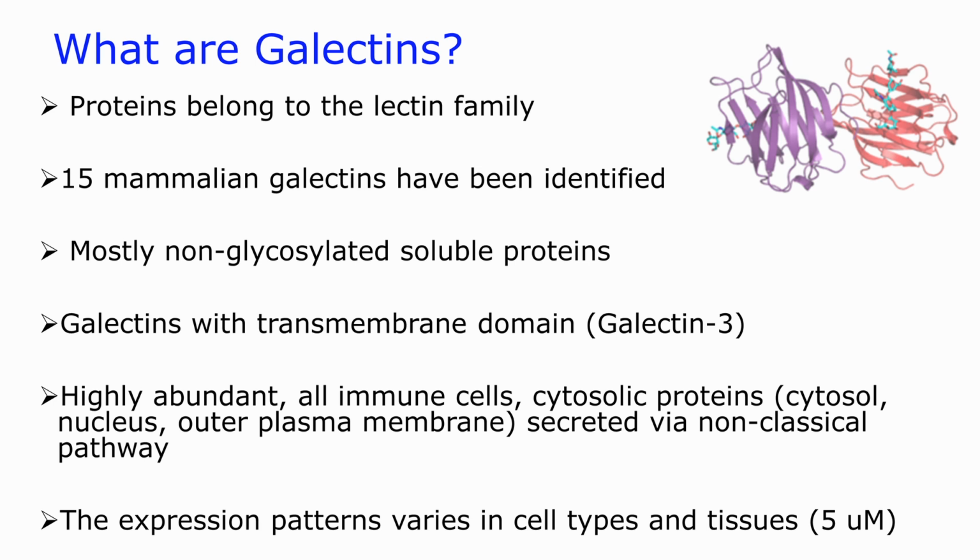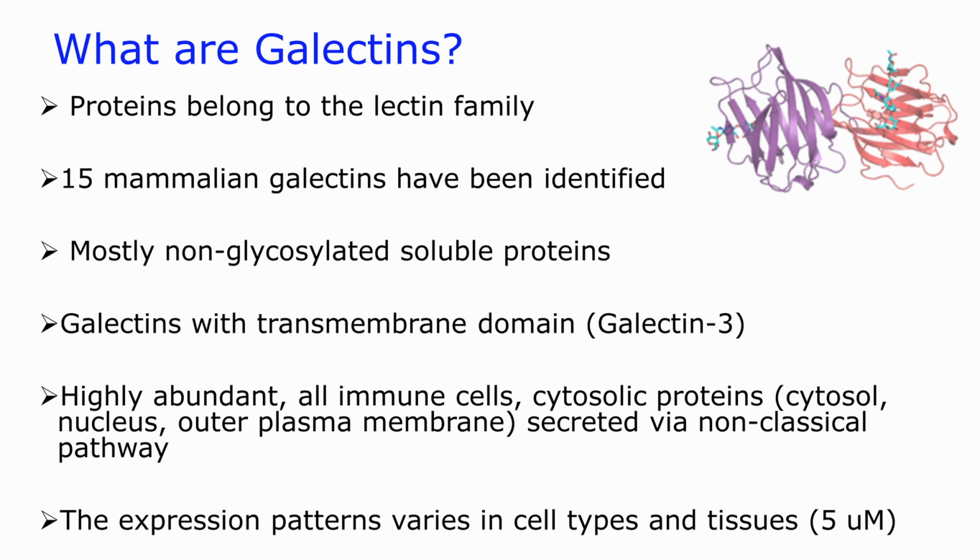So far, 15 galectins have been identified, and they have a wide range of biological functions. But galectins don't have a transmembrane domain, except galectin 3. And they are everywhere: inside immune cells, non-immune cells, in the cytosol, in the nuclei, and even in the cell membrane. So they are highly abundant, and they have diverse biological roles.